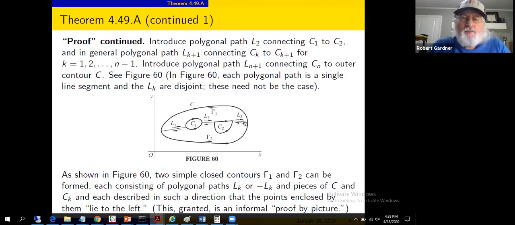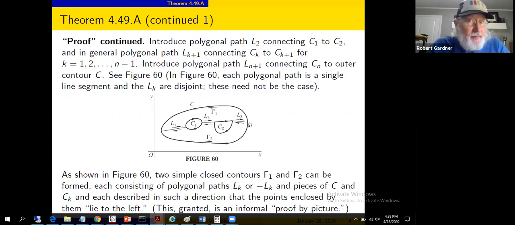Gamma 2 will take the rest of contour C, will go along C sub 3, go along L sub 3, the last polygonal path, backwards from what we did before. We'll go along C sub 2 in the direction of its orientation. We'll go along L sub 2 backwards. We'll go along C sub 1 in its direction, and then we'll go along L sub 1 backwards, creating gamma 2, which is this simple closed contour.